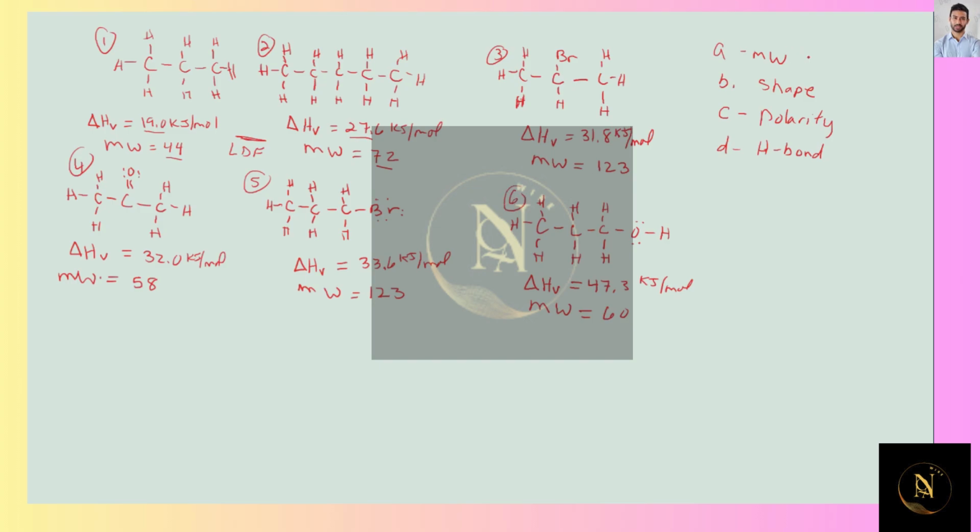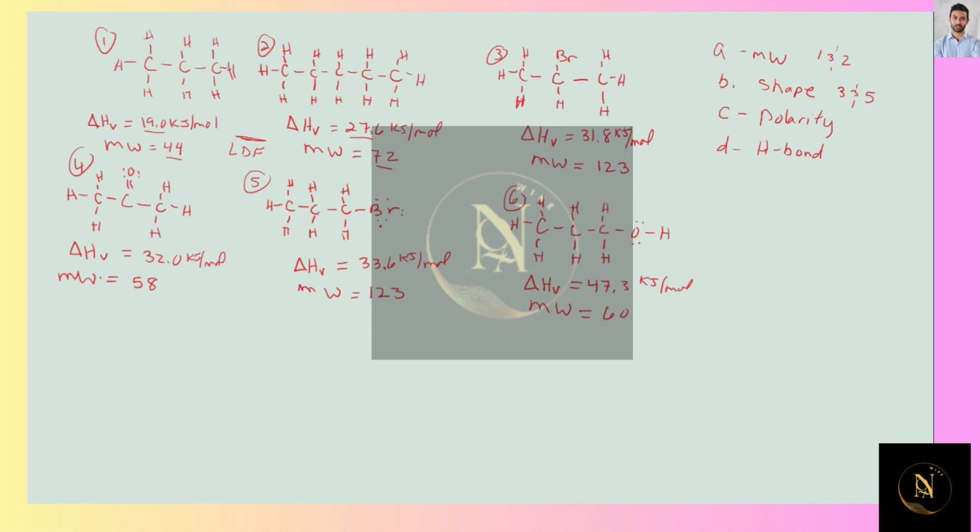So for part A, we were really comparing 1 and 2. For shape, I would compare molecules 3 and 5. Again, we can compare those two because they have the same molecular formula, the same molecular weight. The only difference between them is their shape. Here, the bromine is on the outside. Here, the bromine is in the middle.